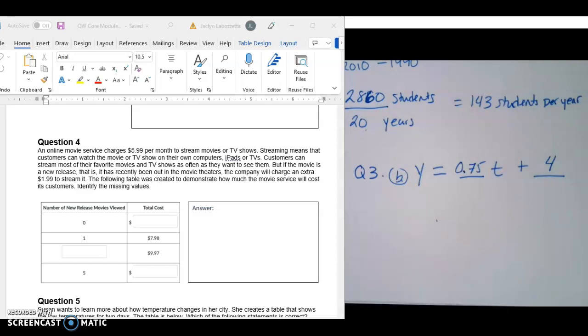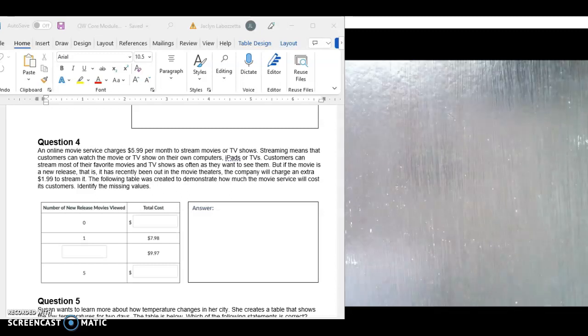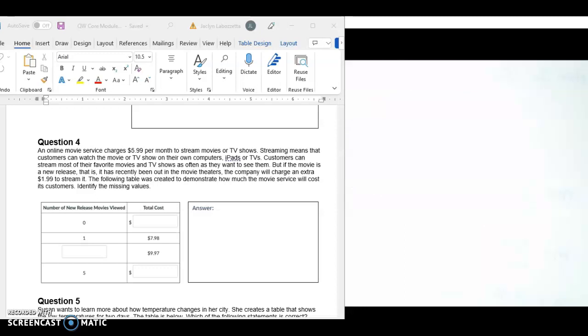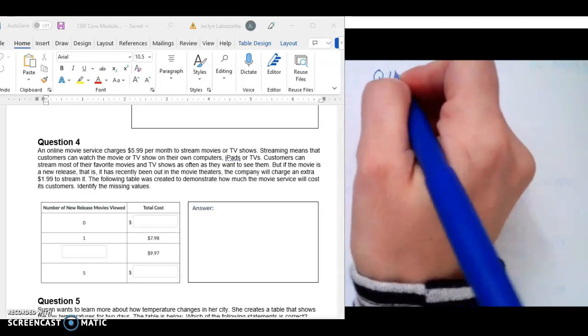All right, so in this situation, we could use the table to fill in what we are missing, or we can also write a linear model to demonstrate the situation. Also, based on what we are given, let's let C be the total cost. So this is question 4.